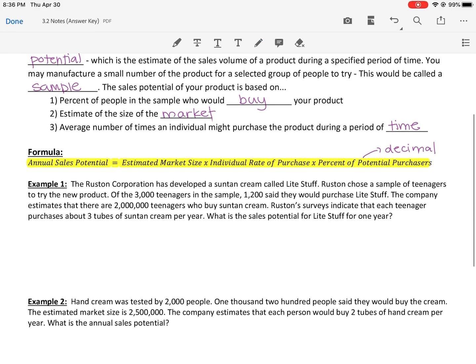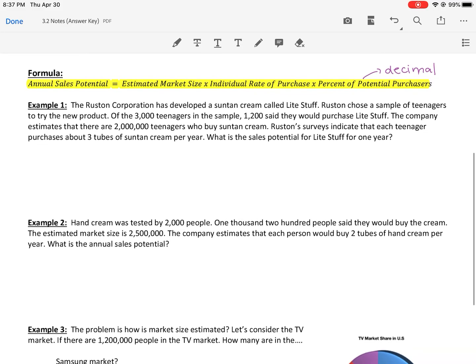Okay, so example 1. The Ruston Corporation has developed a suntan cream called Light Stuff. Ruston chose a sample of teenagers to try the product. Of the 3,000 teenagers in the sample, 1,200 said they would purchase Light Stuff. The company estimates there are 2 million teenagers who would buy suntan cream or lotion, whatever you want to call it.